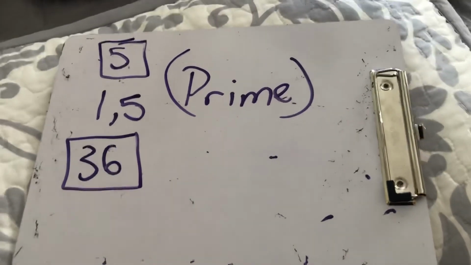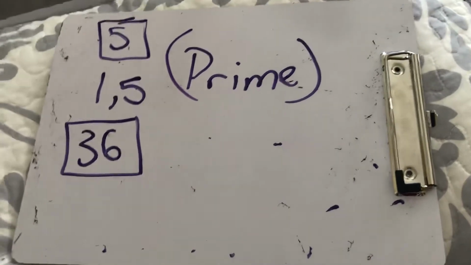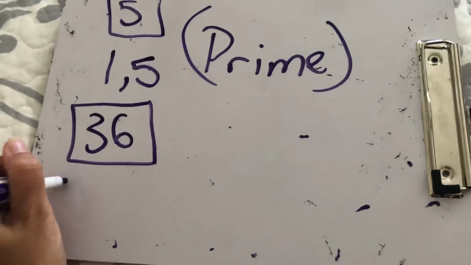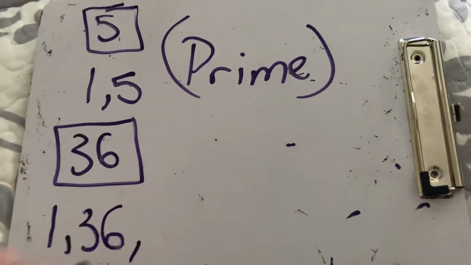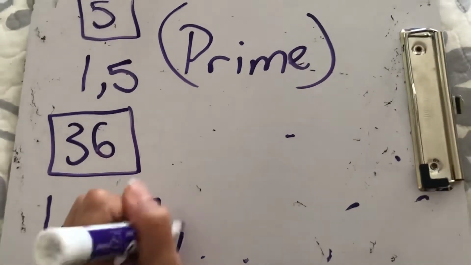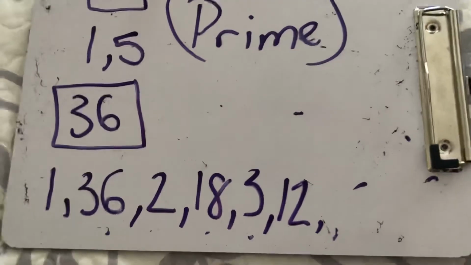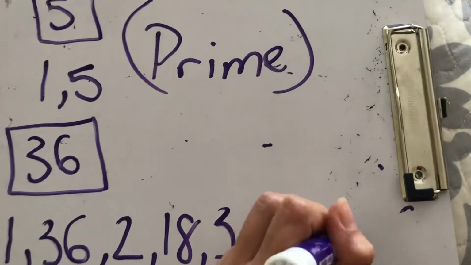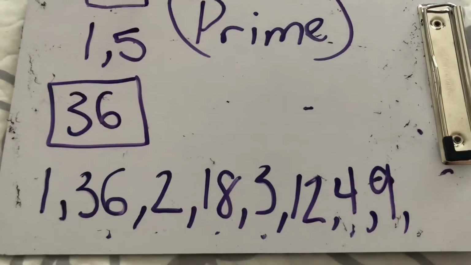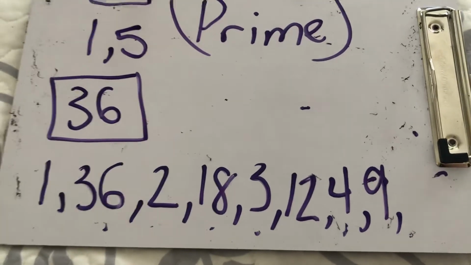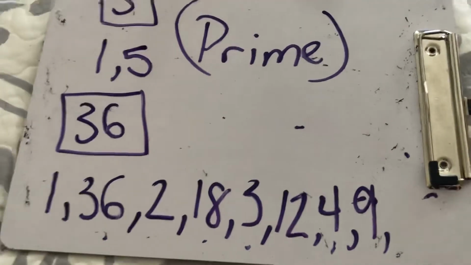Remember, prime means it's only divisible by 1 and itself, okay? 36, I'll go through, starting with 1. 1 times what equals 36? 2 times what equals 36? 3 times what equals 36? 4 times what equals 36? 5 times what equals 36? Nothing times 5 is 36, so I'm going to skip it. 6 times what equals 36? Well, 6 times 6 is 36.